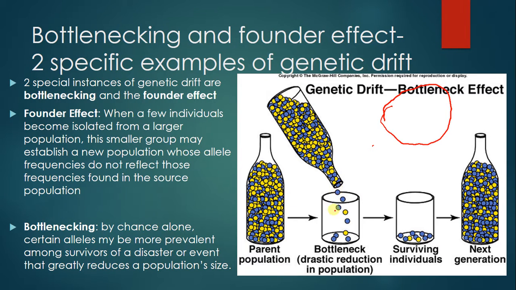So the allelic frequency in the survivors does not reflect the allelic frequencies of the source population. Over time, this can lead to evolution, a change in allelic frequencies. So, founder effect and bottlenecking are two important examples of genetic drift.